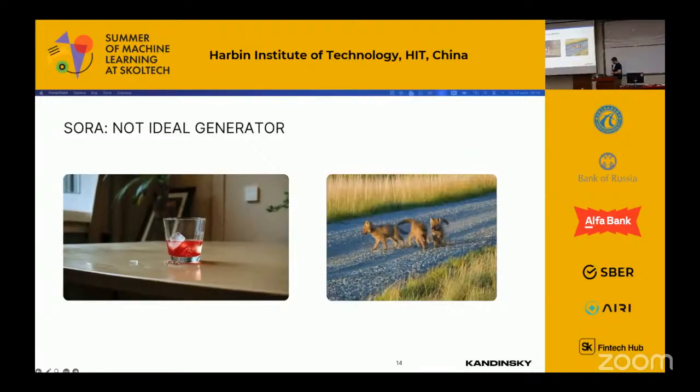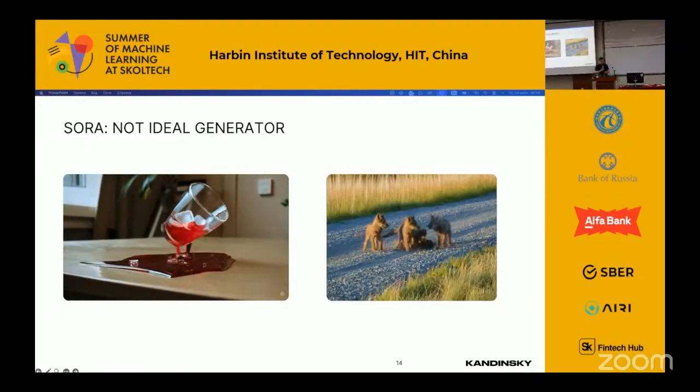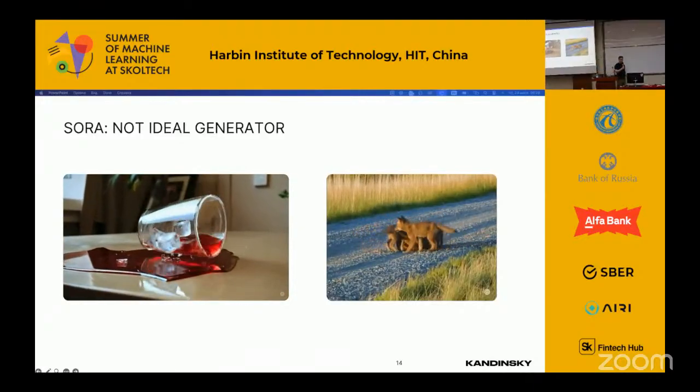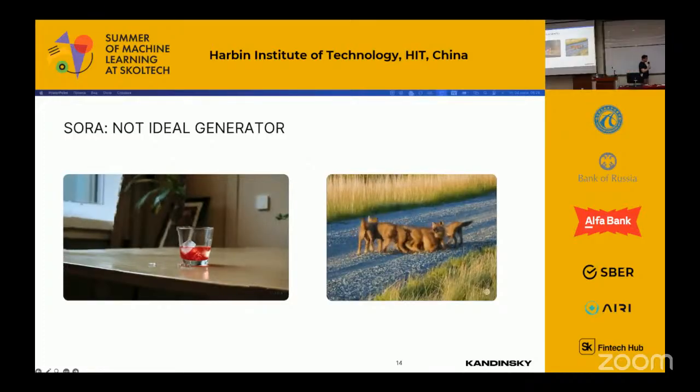But I see that, as I said, it's not ideal till now. There are a lot of hallucinations in such models. For example, you see the Sora generation, which is not actually a modern model, it's a generation from December 2024, so half a year before. So not so modern, but not so old actually.